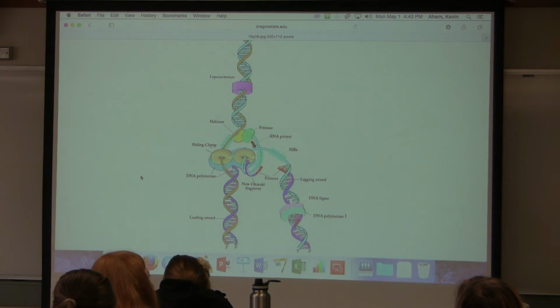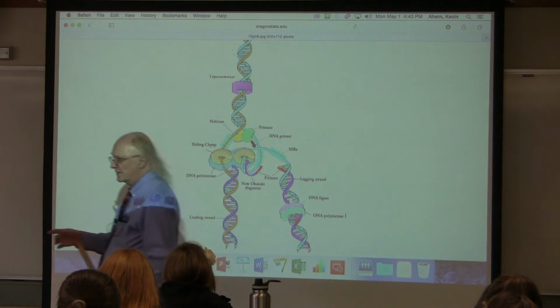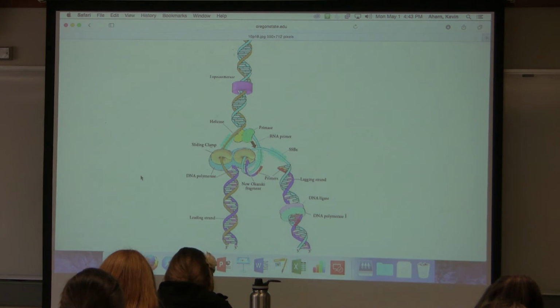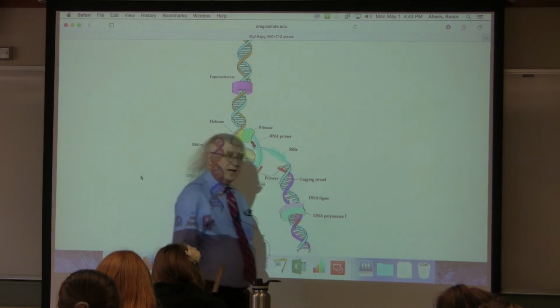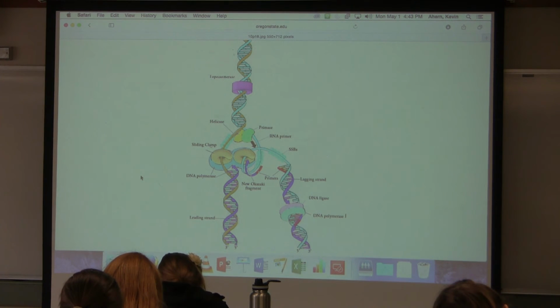What is DNA polymerase 1? DNA polymerase 1 is very much like DNA polymerase 3. It makes phosphodiester bonds. It copies the other strand and puts in the right bases. But it also has another function that it performs.